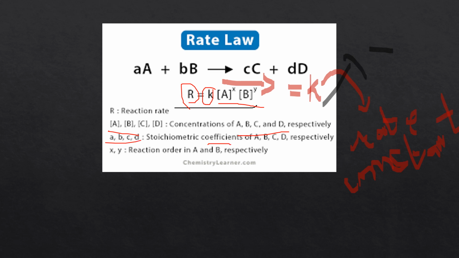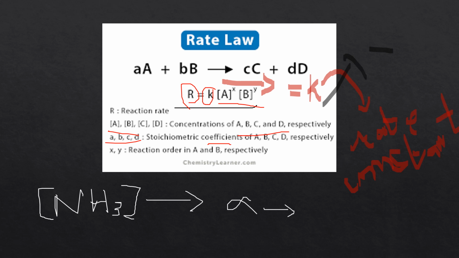Now let me give you an example. Just suppose that we have NH3. The concentration of NH3 is directly proportional to the rate of reaction. Suppose this NH3 is the product.